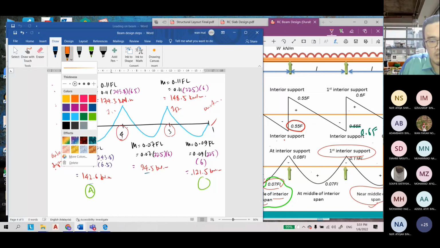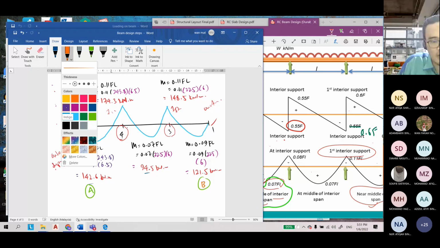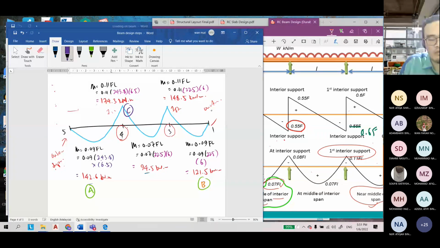And then C is the purple color. This is C here as support. So I will apply this also to support number 3, to ease the calculation. So I just have to calculate 1, 2, and 3.